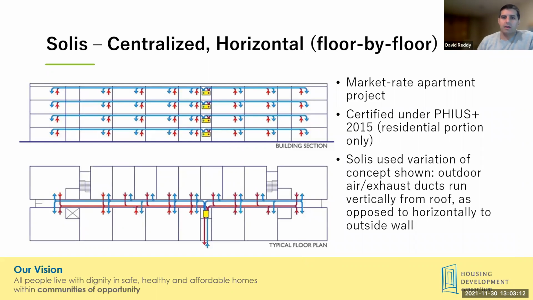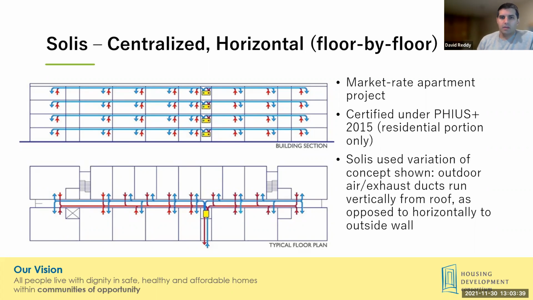This is different than the other three case studies. This was a market rate apartment project. It was certified under an earlier version than Hobson of Passive House, or PS Plus 2015. So this, again, was an early adopter of balanced ventilation, in part to meet that Passive House requirement.